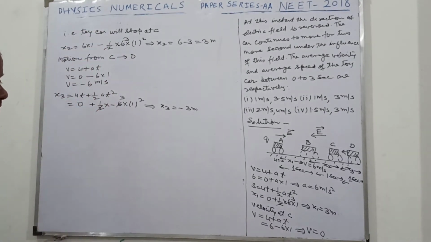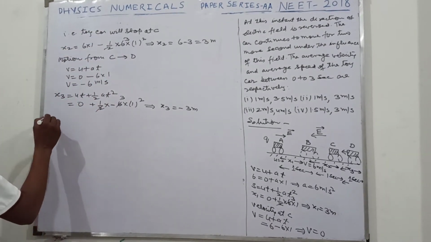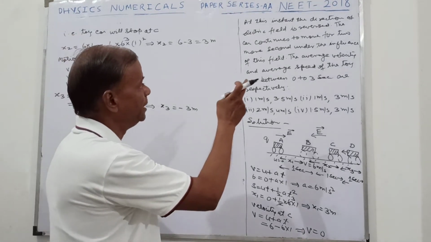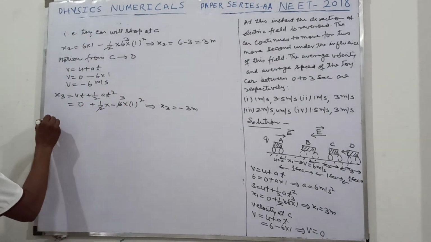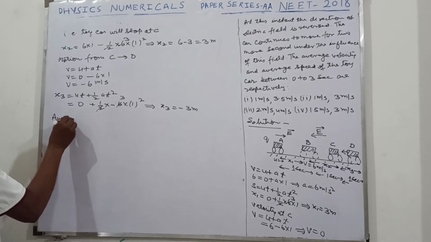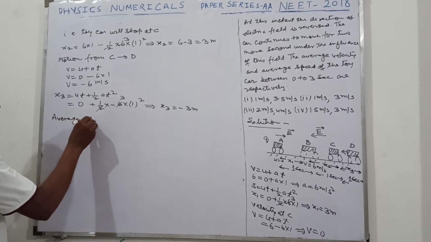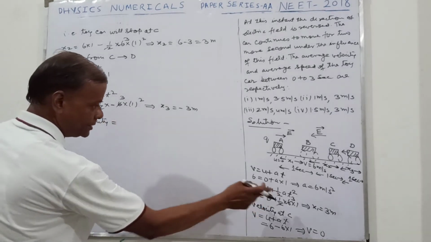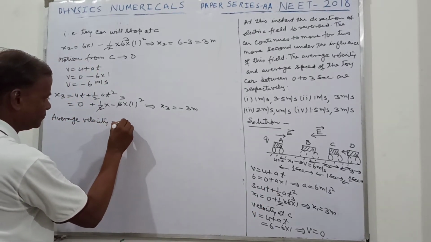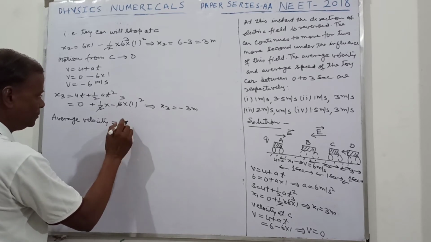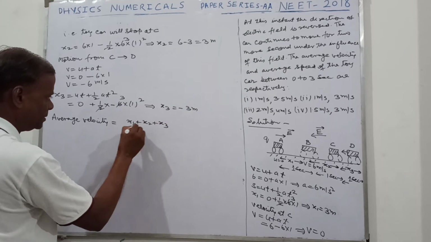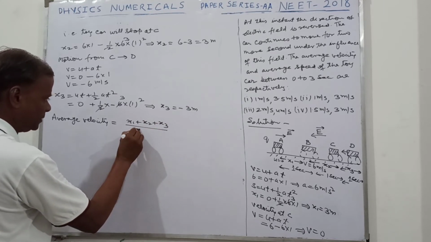So now we find the average velocity. First we find the average velocity. Your x1 is equal to 3, x1 plus x2 plus x3 upon 3.